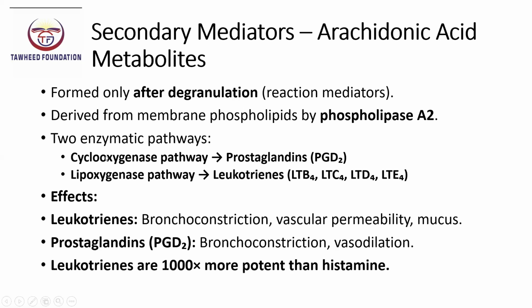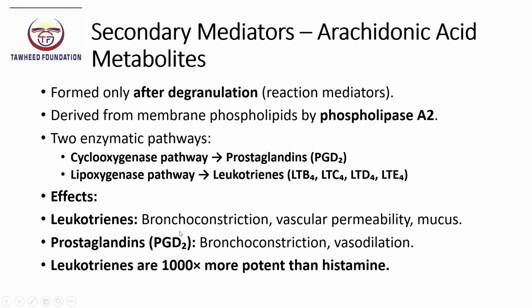The cyclooxygenase pathway produces prostaglandins like PGD2, while the lipoxygenase pathway produces leukotrienes such as LTB4, LTC4, LTD4, and LTE4. These mediators have long-lasting and more potent effects than histamine.